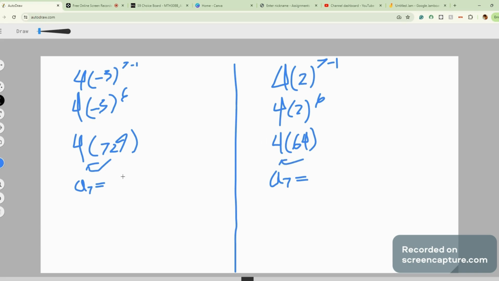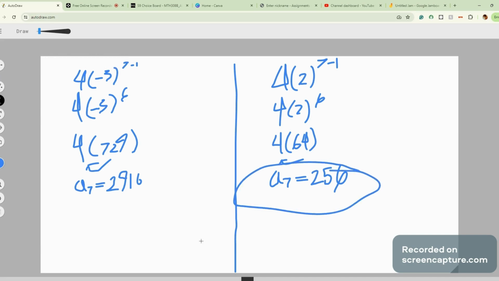Okay, and that is gonna leave you with 2,916. Okay, and this is going to be 256. And even though we do favor this one more, I suppose this one is still an option. But yes, that is the speedrun version.